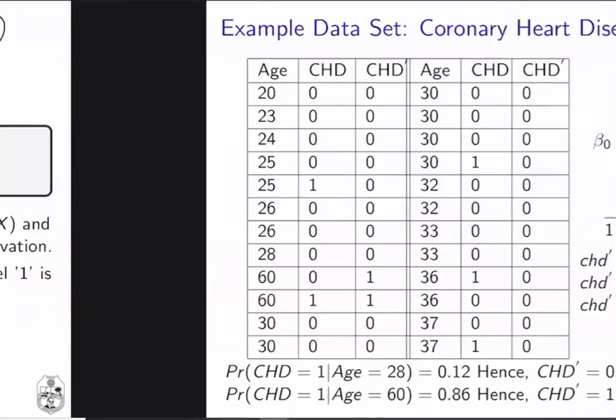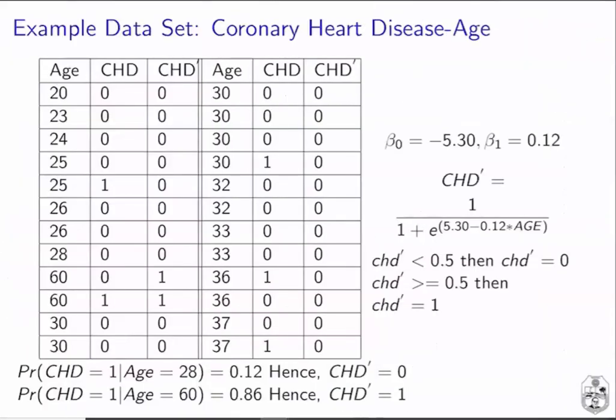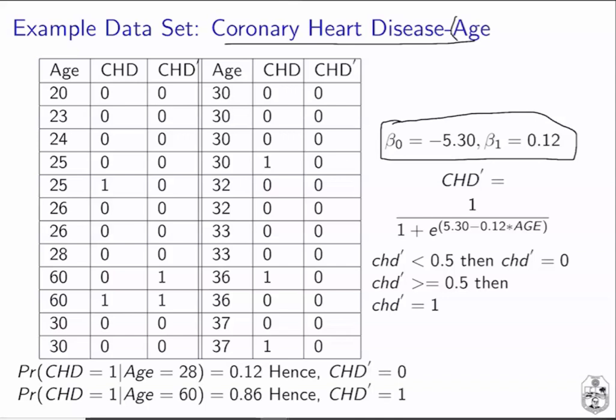And suppose we have got these beta 0 and beta 1 values for the data set that we are considering, like the coronary heart disease age related data set, in which we are going to predict whether a person is suffering from coronary heart disease or not, based upon his or her age. This is the data set that we have seen, which included about 100 entries.